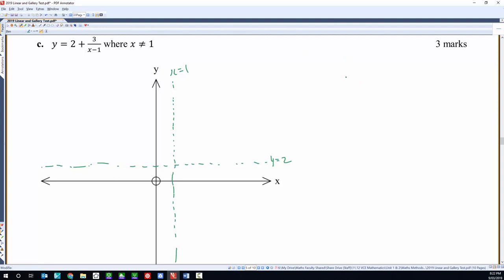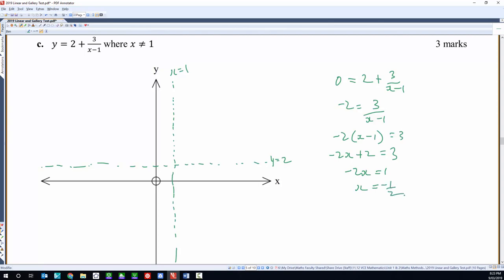Let's get the x-intercept first. So the x-intercept occurs when y is 0. So x equals -1/2.